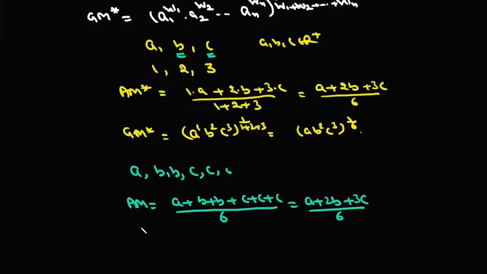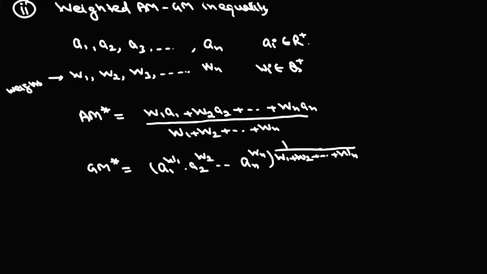In the same way, if we write their geometric mean, it will be A into B into B into C into C into C whole to the power 1 by 6, which is A B square C cube to the power 1 by 6. So basically they are the AM and GM of these 6 numbers. Now here the fundamental is, if AM star is the weighted AM of these n numbers and GM star is the weighted GM of these n numbers, then their weighted arithmetic mean will always be greater than or equal to their weighted geometric mean.